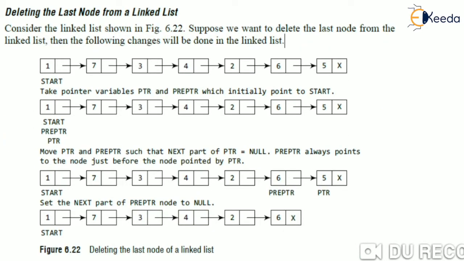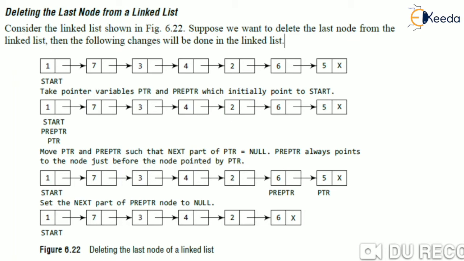Now see, this is a complete linked list. Here we have to consider the pre-pointer, because the pre-pointer always points to the previous node of the pointer. Okay, so it is very helpful to insert a new node whenever we want. Wherever we want, we can insert the new node with the help of this pre-pointer.